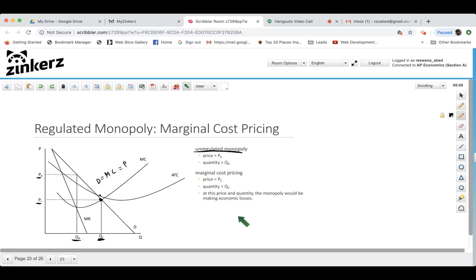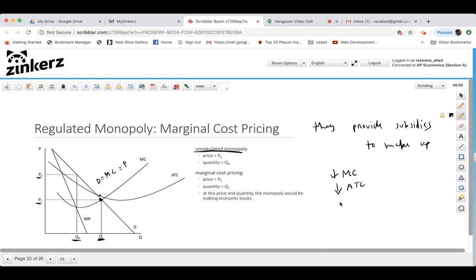So what the government can do in these kinds of instances, and what they probably do, is give them subsidies to make up for this loss. Hopefully you remember, when you give someone a subsidy, you lower their marginal cost, and you also lower their average total cost, and therefore they would probably not be making any losses anymore.